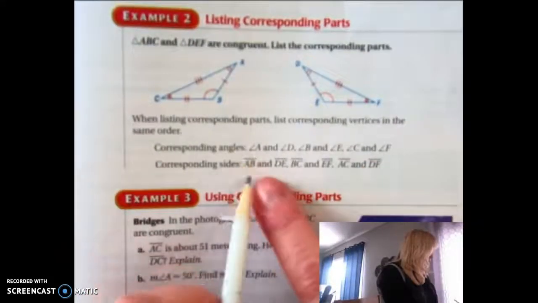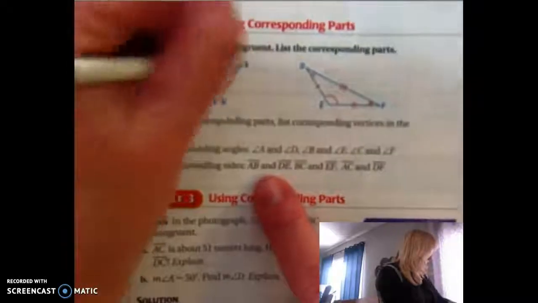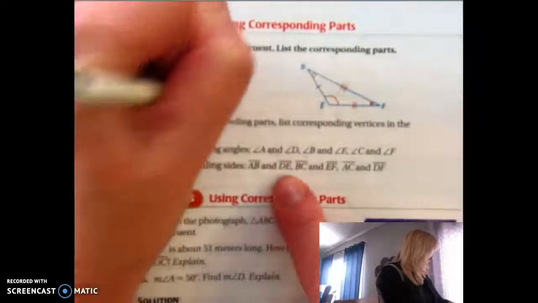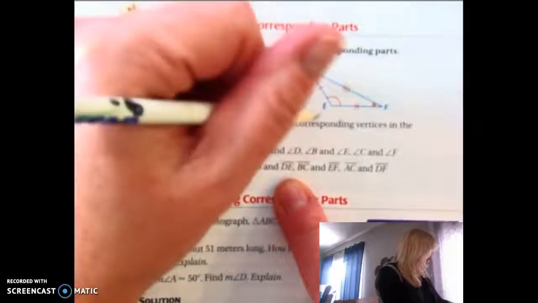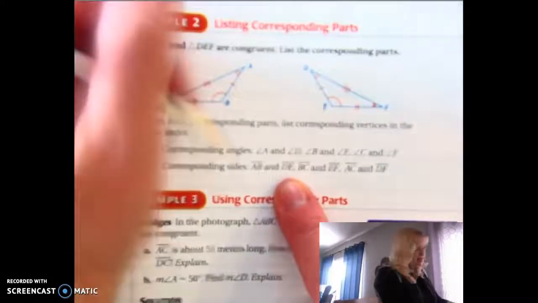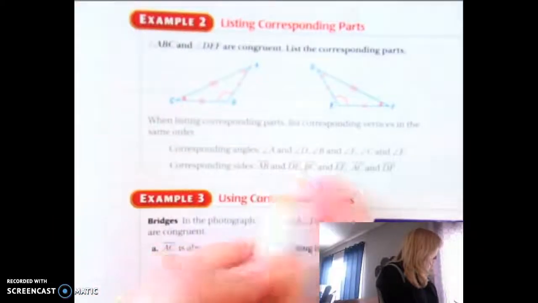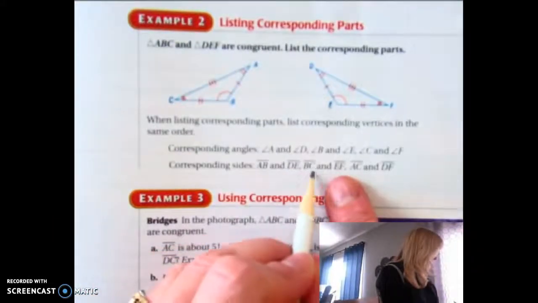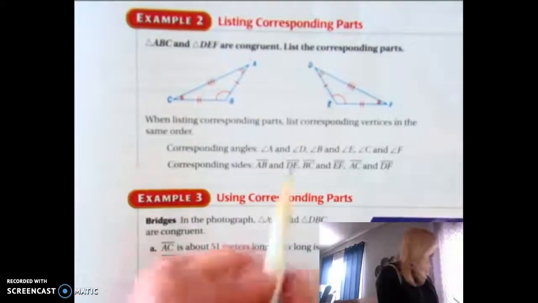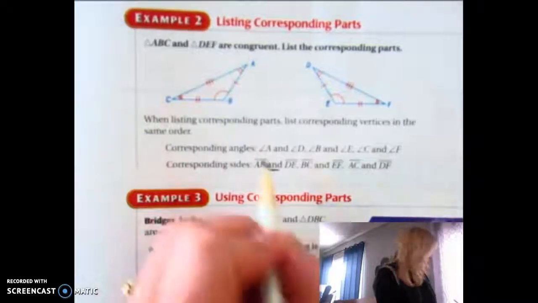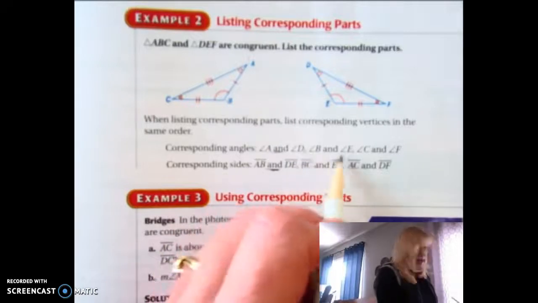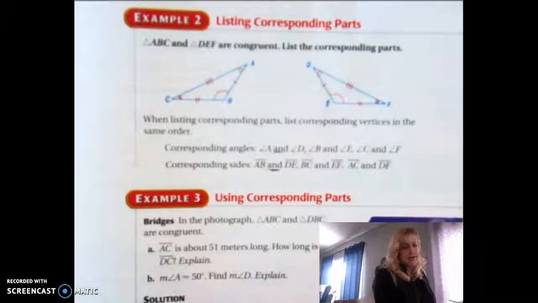When you look at sides, you would write AB and DE, and yes, if you flip that to BA and ED, it would still be correct. But you would need all 3 sets to correspond, and when you're writing about corresponding, you need to use that word and then separate them by commas. All right?